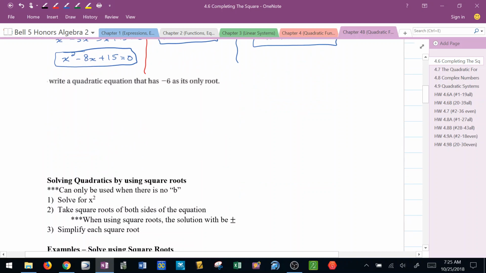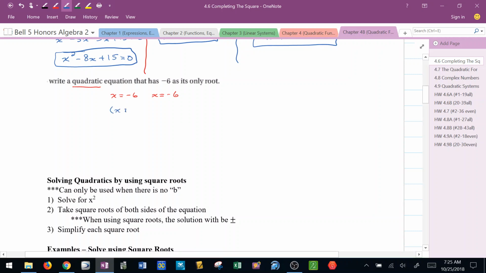All right, let's try another one here. What if the quadratic only has one root? Well, here's the key. They tell us it's got to be a quadratic. So if the quadratic only has one root, it actually has the same root twice. Where did this come from?